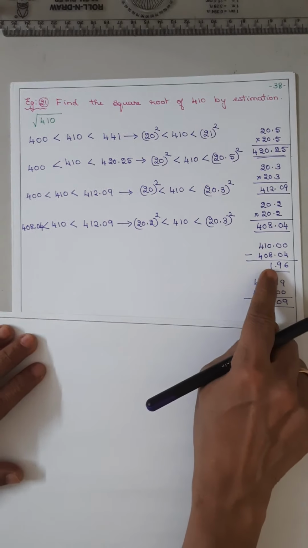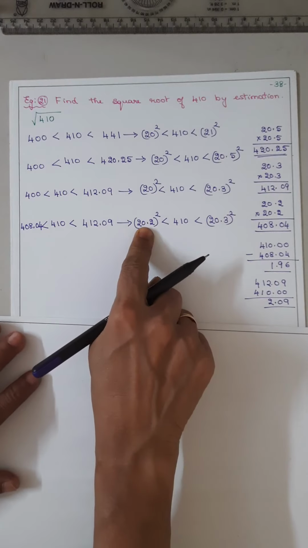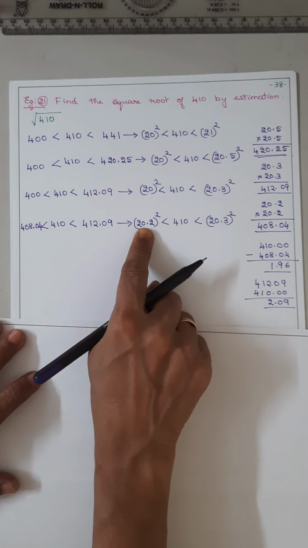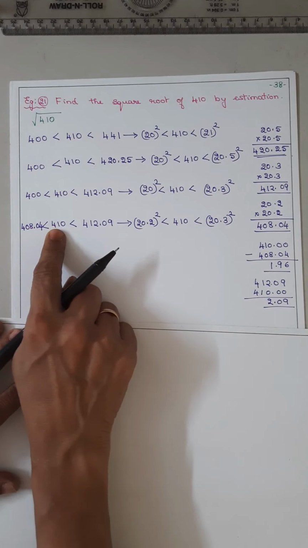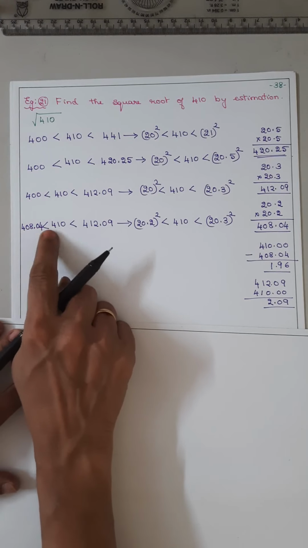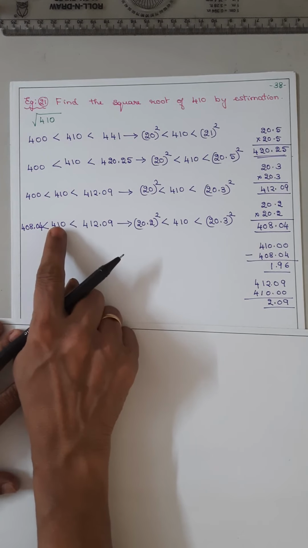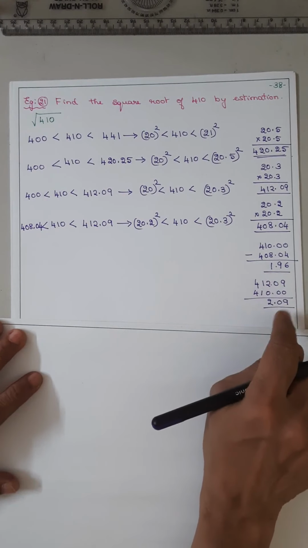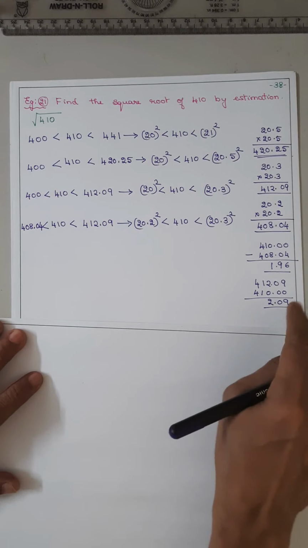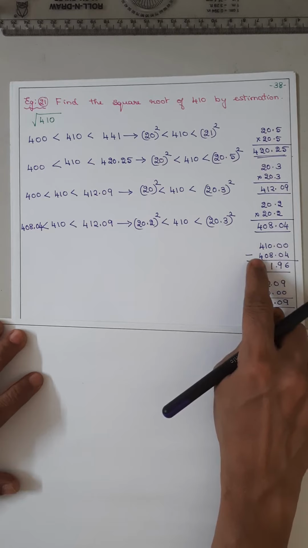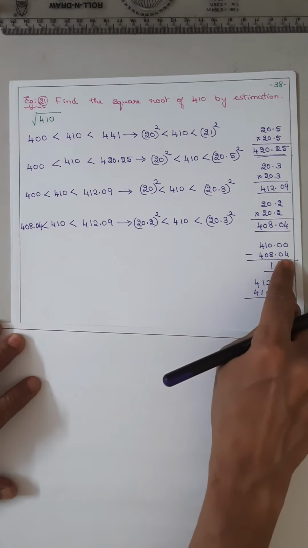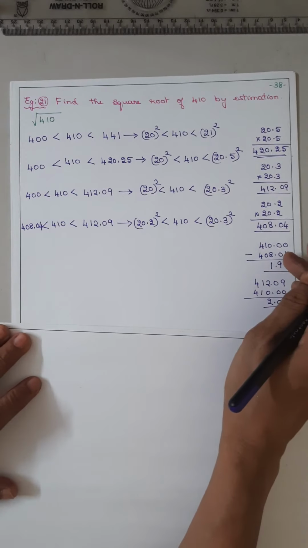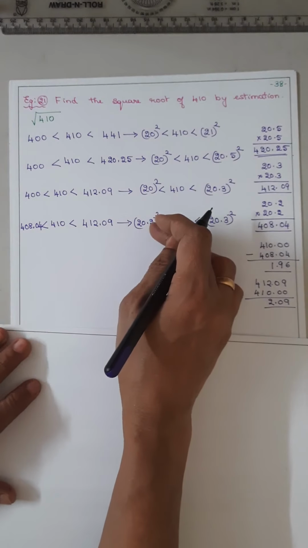408.04 इज नियर, दैट मीन्स इट इज 20.2. ये स्टेप समझ में आया. ये दोनों में से कौन सा नंबर 410 को नजदीक है, तो उसके लिए आप लोग ये डिफरेंस देखते हैं. सो 1.96 इज लेस देन 2.09. सो ये किसका डिफरेंस है, 410 एंड 408.04 का, तो इट इज 20.2 is nearest.